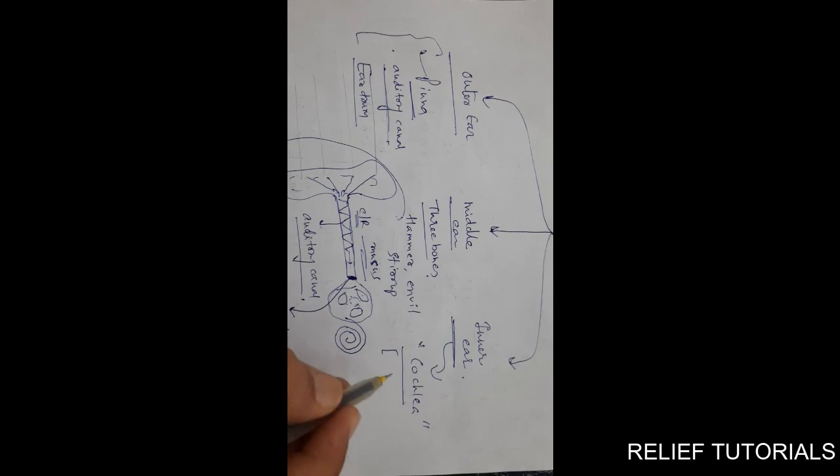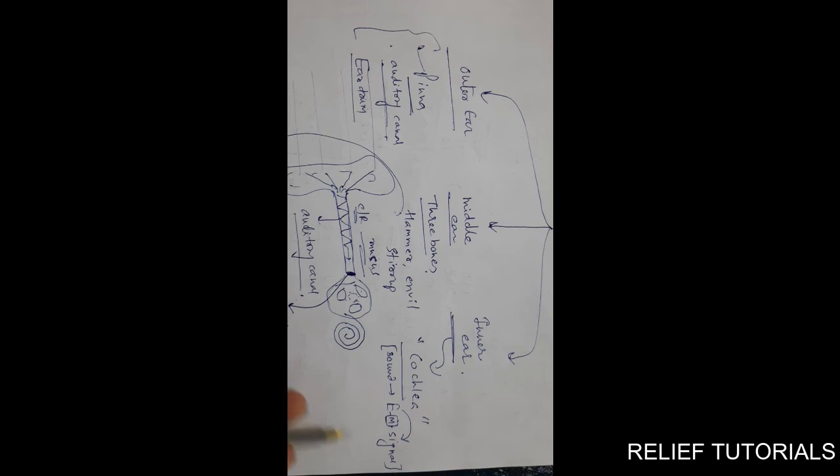Cochlea converts sound waves into electric signals. You can avoid the word magnetic. It converts sound into electric signals, and then these signals pass to auditory nerves.